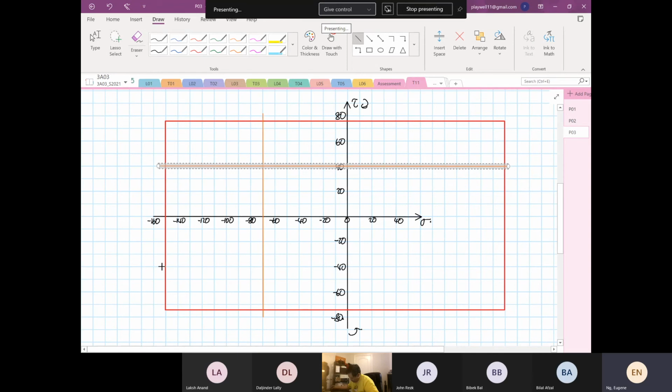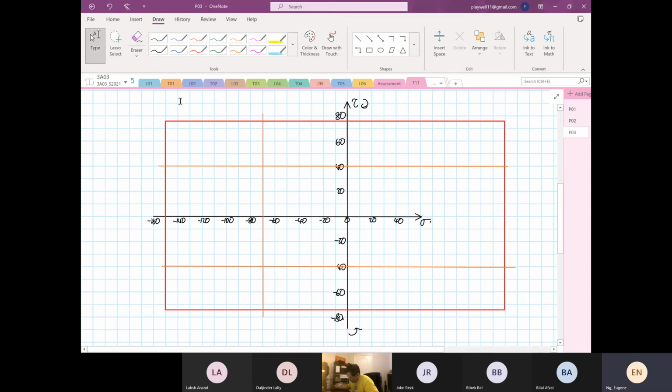We'll draw that 40 line. And we already know that this is our point X.